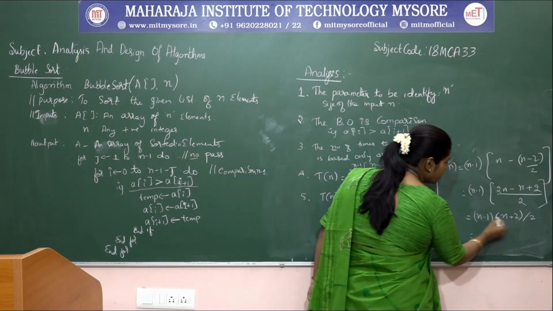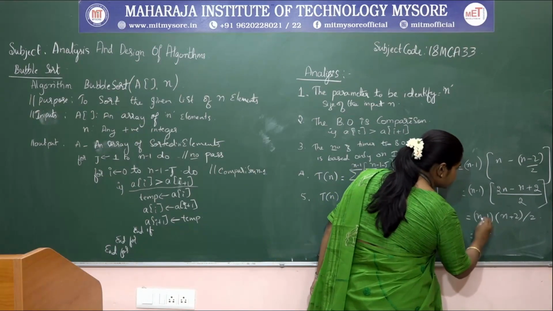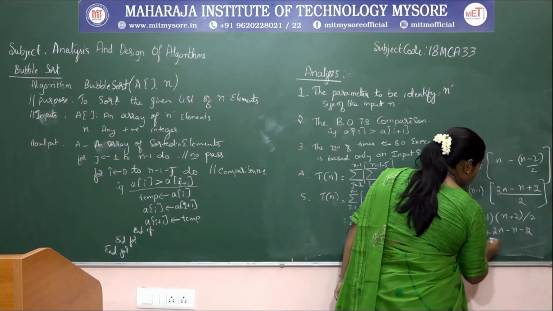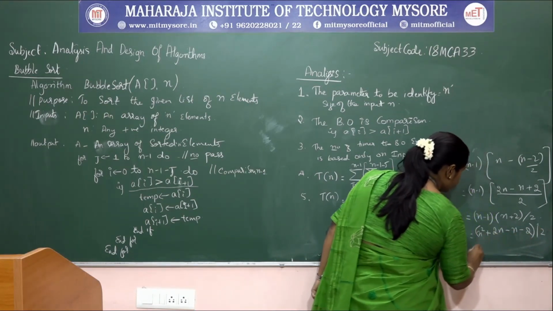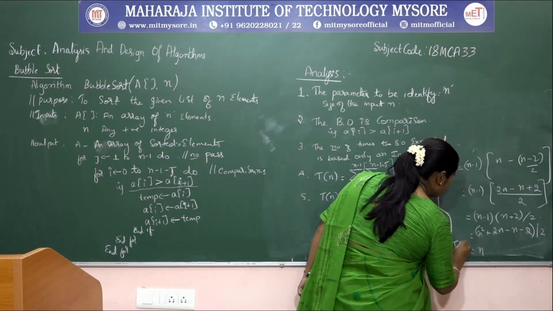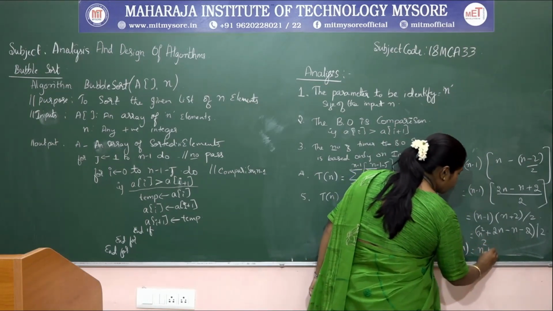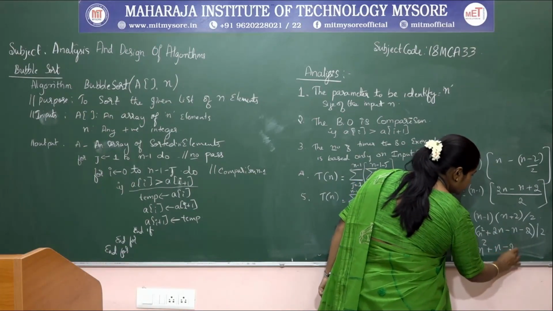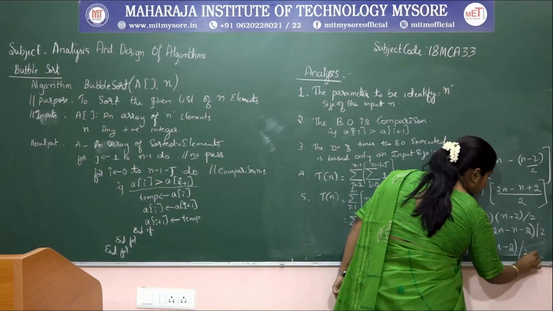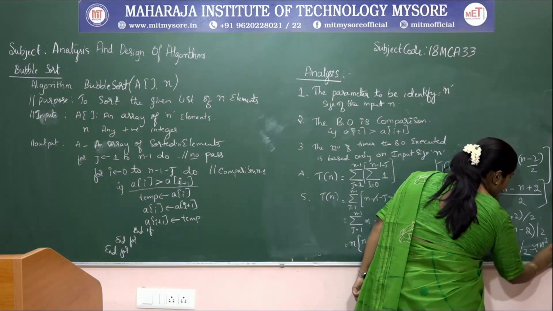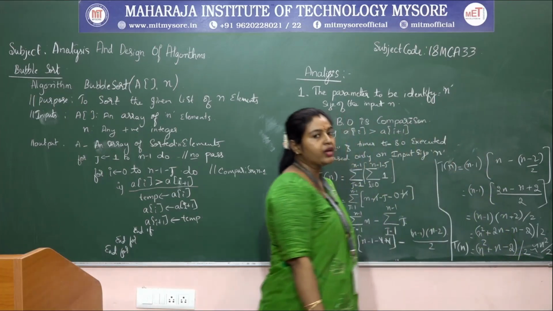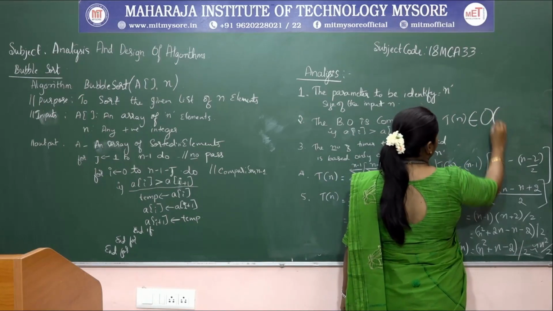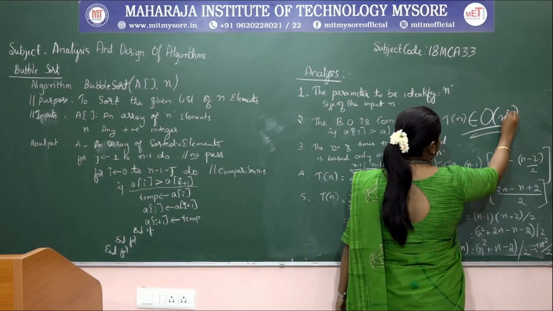So if you solve this, n into n is n square, minus n divided by 2. So finally T of n is equal to n square minus n divided by 2, approximately n square divided by 2. Therefore your T of n belongs to big O of n square.